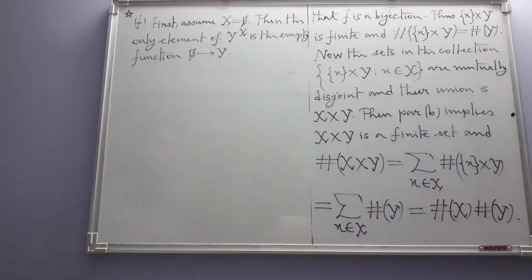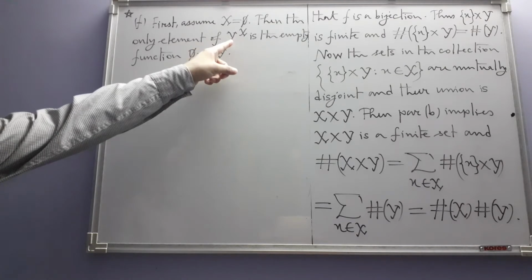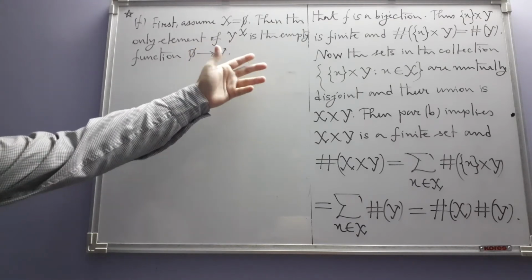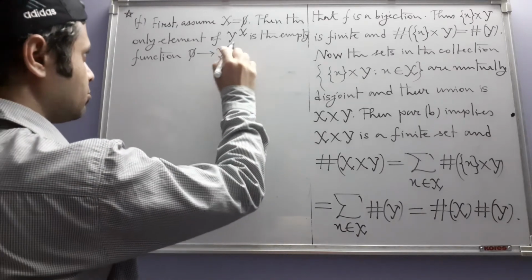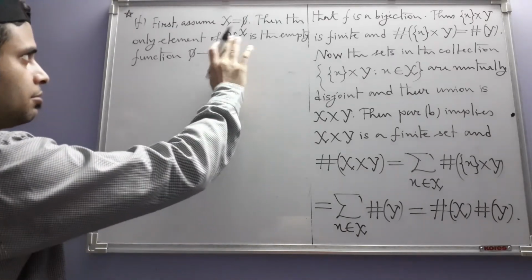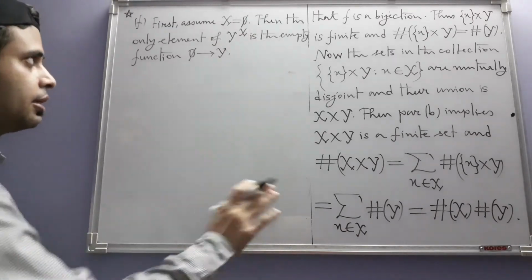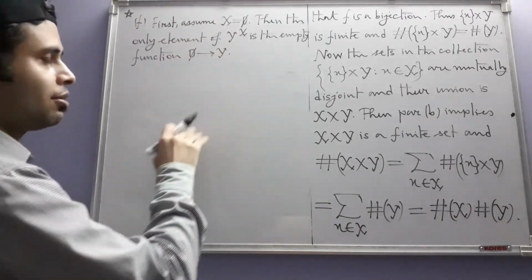Okay, this happens when x is empty. Y may be any set, empty or non-empty, we don't have to bother about that, because we are not considering bijective function or anything like this. It's just set of all functions.